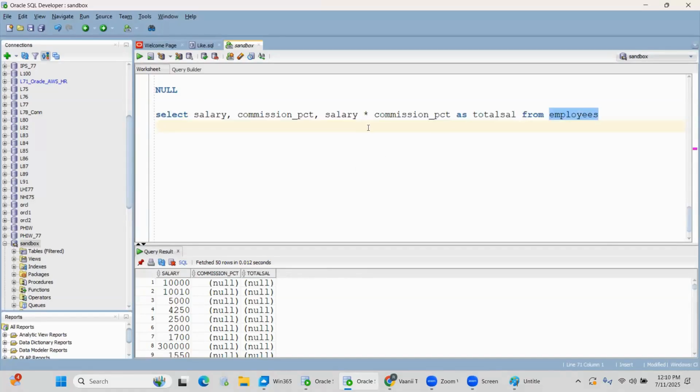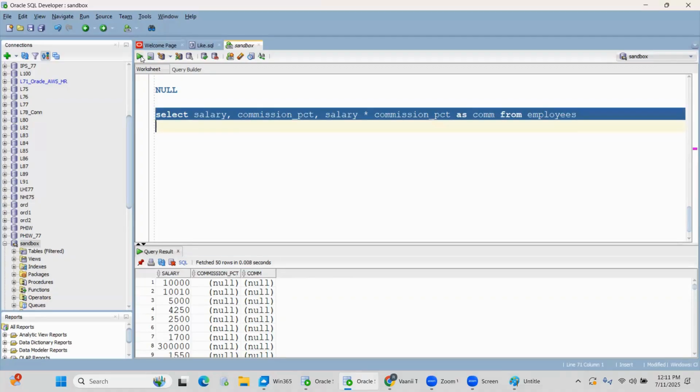Okay. Now what I got here is basically the commission, right? It's not the total salary, it's the commission amount. Now I want to calculate the total salary. What can I do?